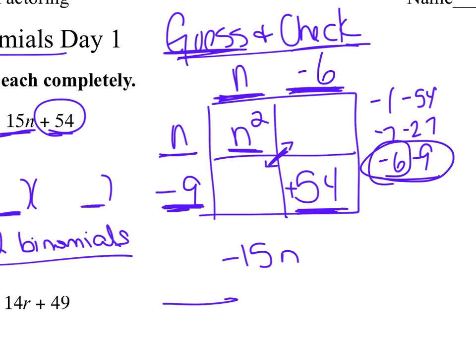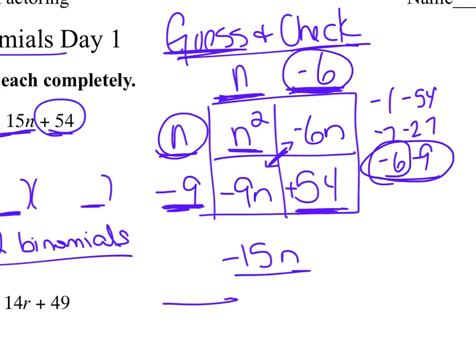Nice. And when I multiply negative 6 times n, I get negative 6n. This is my check. And I do negative 9 times n, I get negative 9n. And when I add them together, I get negative 15 as the sum, and the binomials are right here.